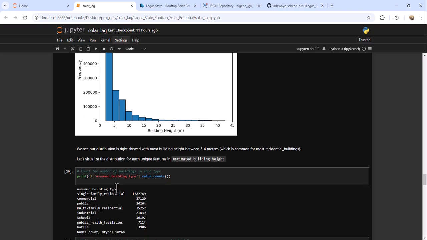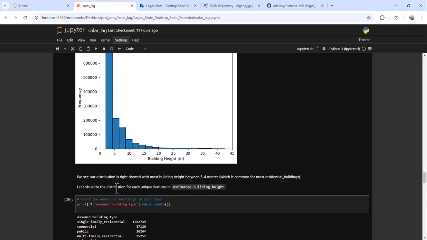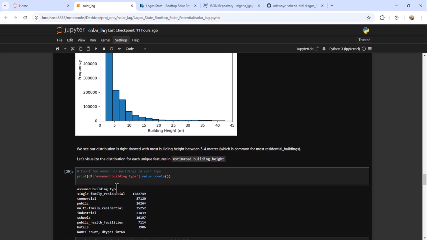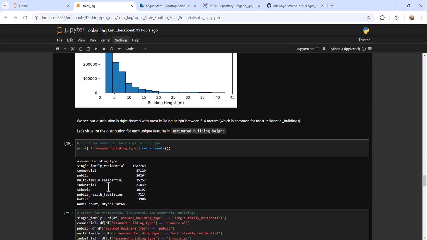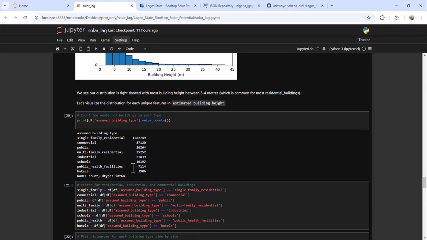From there, I looked into the building types that constitute the estimated building height. There I found out that single family residential building type has the most values, about 1.2 million plus.